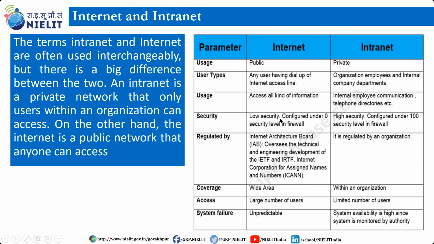Security: in the case of the internet, security is very low. In the case of intranet, security is highly monitored and controlled with the help of an administrator monitoring and managing the intranet services. Regulation: the internet is regulated by several bodies: Internet Architecture Board (IAB), IANA, IETF, IRTF, ICANN.